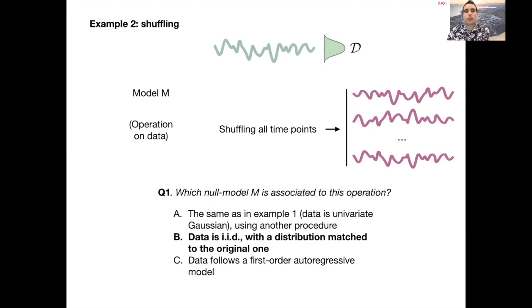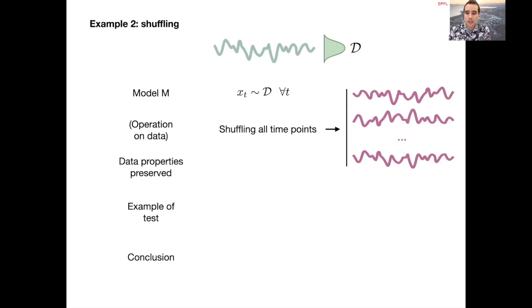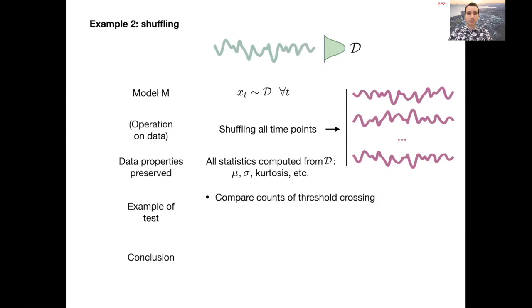Coming back to formally defining the null model, if we say that D is the distribution, the null model would be that XT follows that distribution for any time T. The data being preserved is mu and sigma, but essentially any statistics computed from D, so in particular mu and sigma, but also kurtosis and any other exotic metric you could imagine building from D. Examples of useful values of M would be, for example, to compare the counts of threshold crossings between original and surrogate data, which is a proxy for autocorrelation structure in the data.